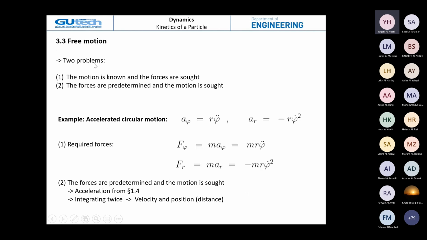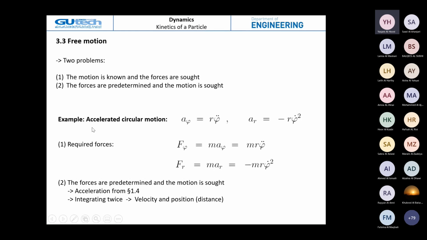Then if we make free motion, we get two problems. The motion is known and the forces are solved. Or the forces are predetermined and the motion is solved. These two cases can happen.